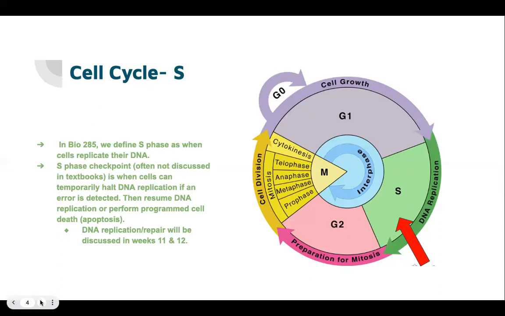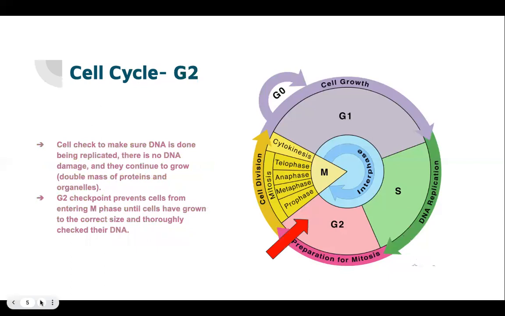During this class, we won't talk about it too much, but there's an S phase checkpoint. And actually, we'll talk about it next week, but the cells can temporarily halt DNA replication if there are errors in the replication. And we'll also talk about mechanisms of repair later on. But all you need to know for now is that DNA replication occurs here, and that they check along the way for DNA damage before moving through to the next phases.